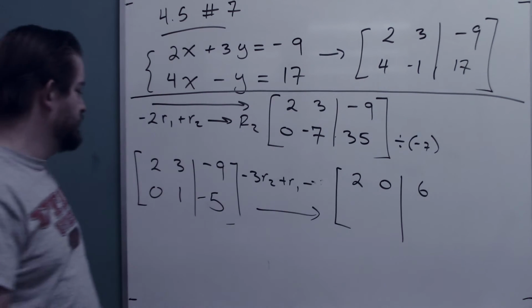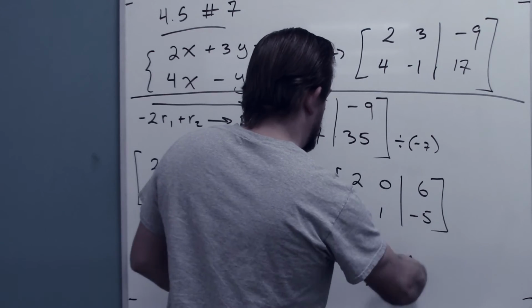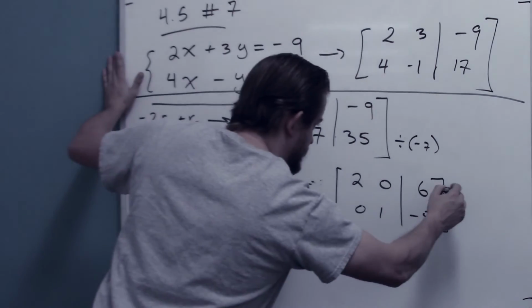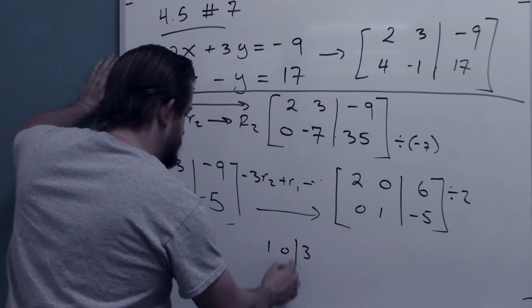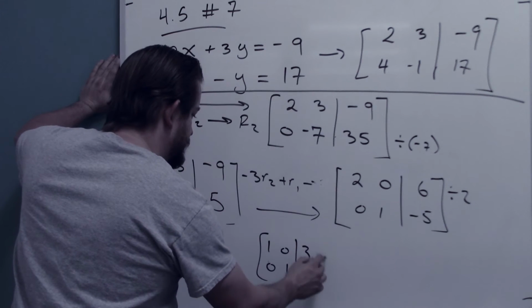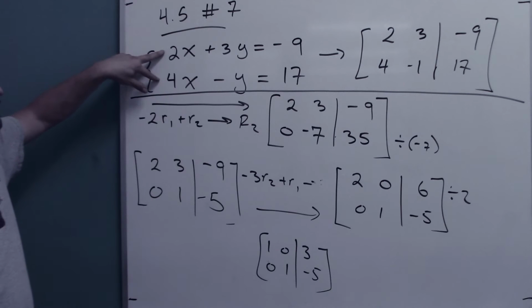And then I have 0, 1, negative 5 still. And then dividing that top one by 2 gives me my 1, 0, 3, which sounds more correct, and 0, 1, negative 5. And again, I can plug these back into my original equation if I want.